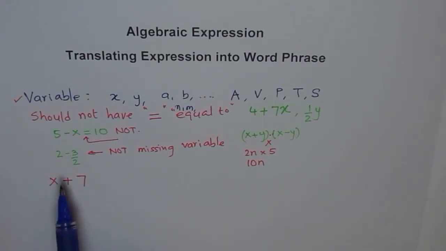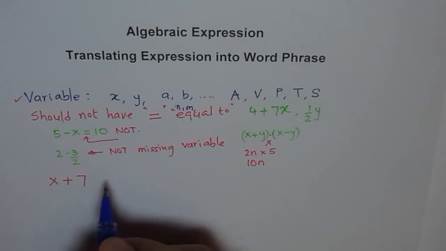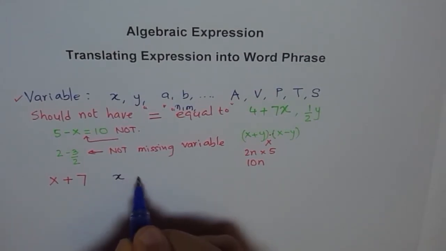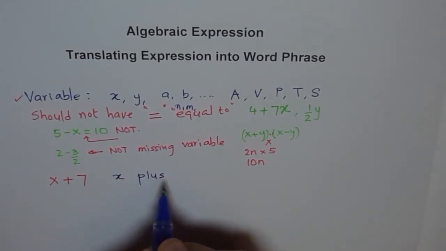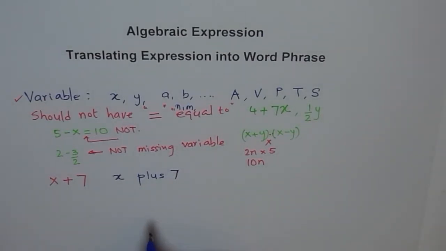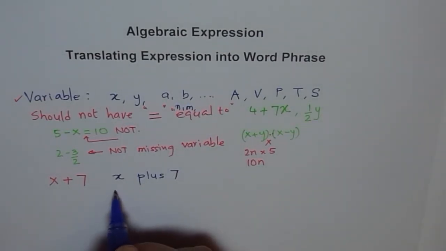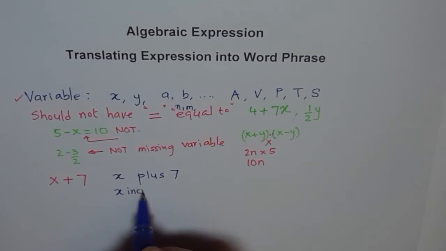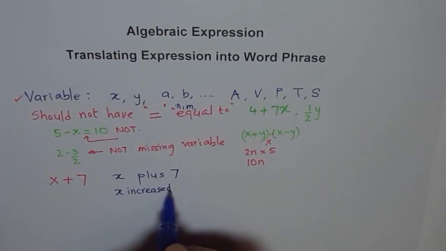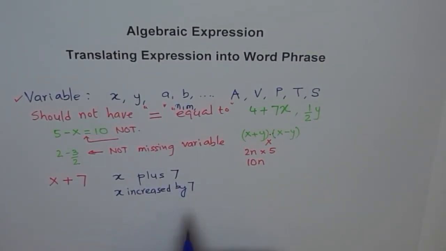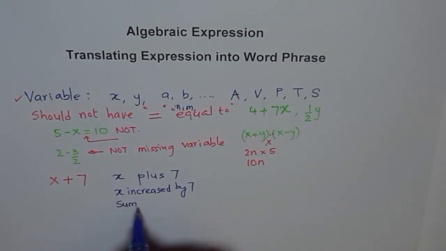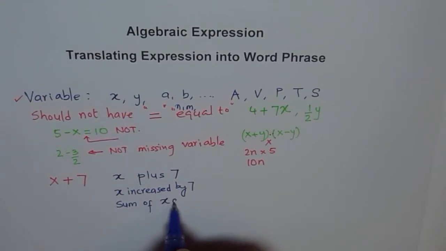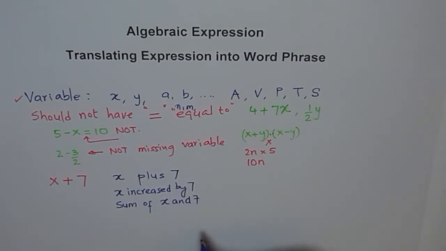Now we need to understand what this means in words. So when I write x plus 7, it could mean, as I said, x plus 7, correct? What else? We can say x increased by 7. We could say sum of x and 7, correct?